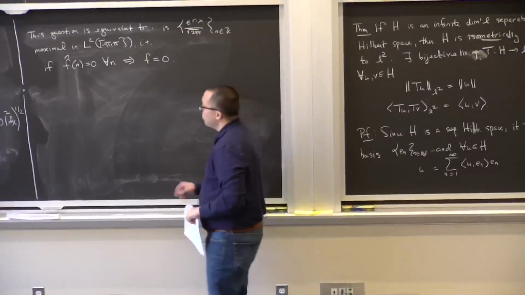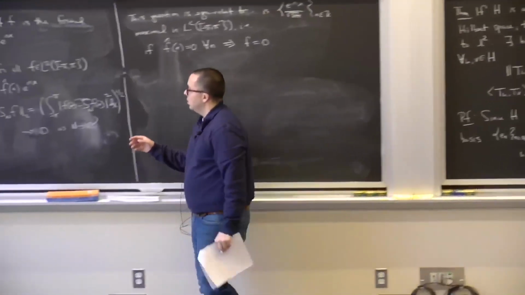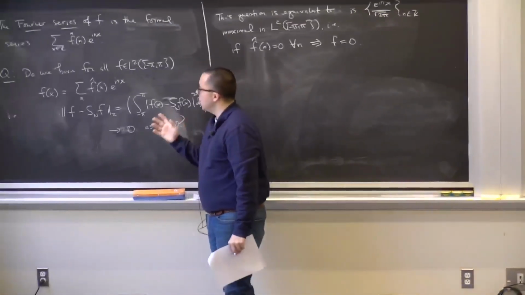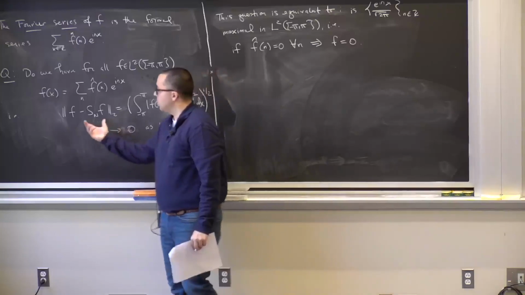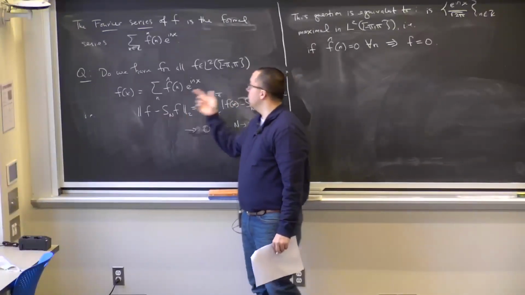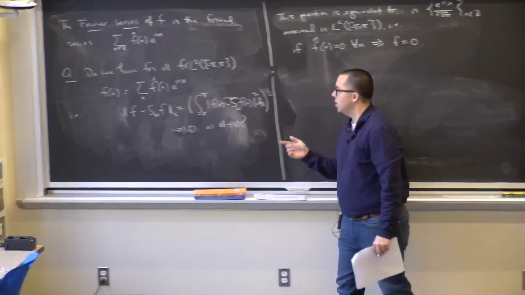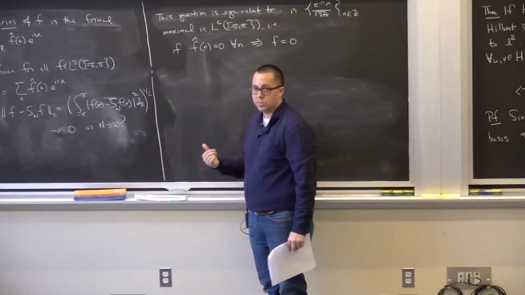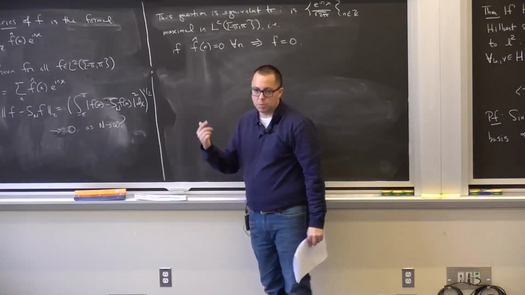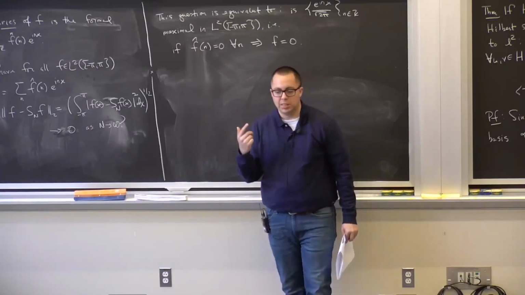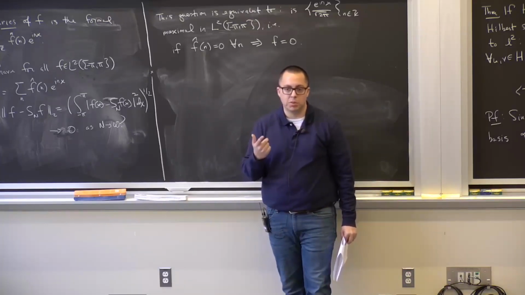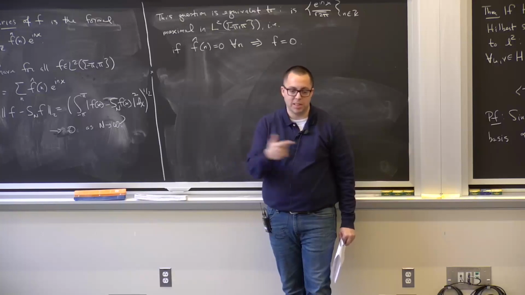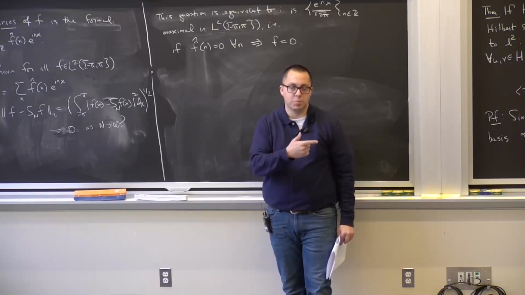So we proved, right, that this statement here is equivalent to e to the i n x being an orthonormal basis, right? Okay, so we proved one direction. We proved that if I have a collection of orthonormal vectors that is an orthonormal basis, then every function can be expanded in this infinite series.